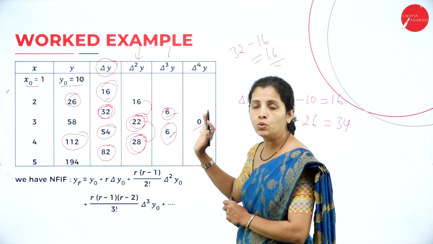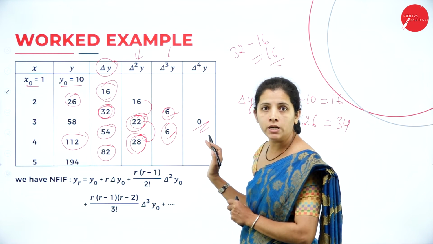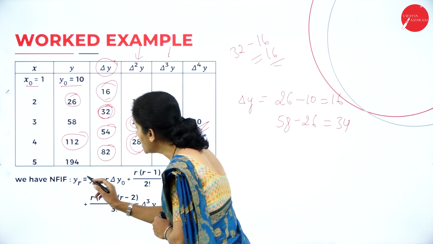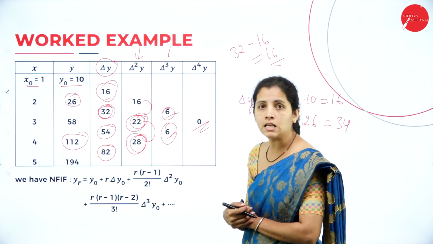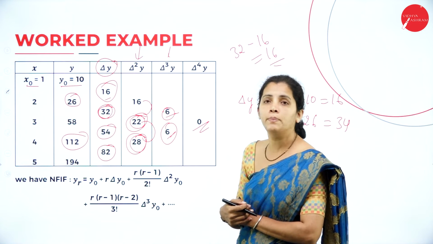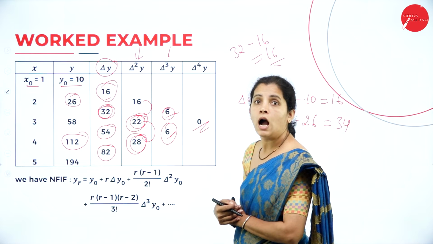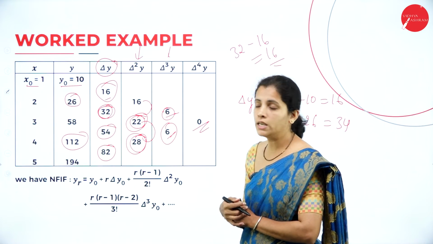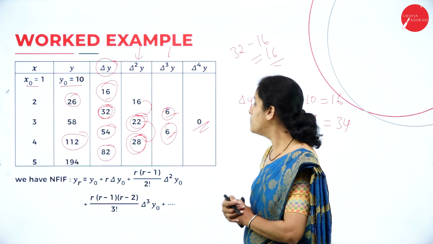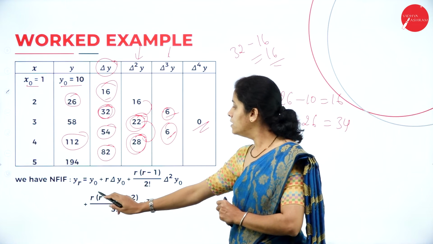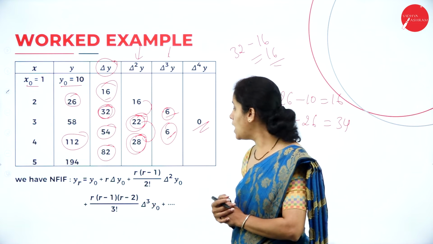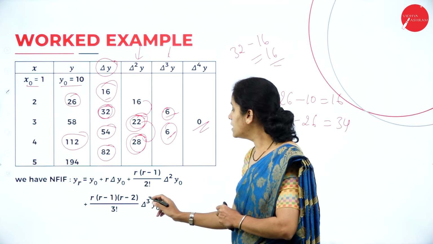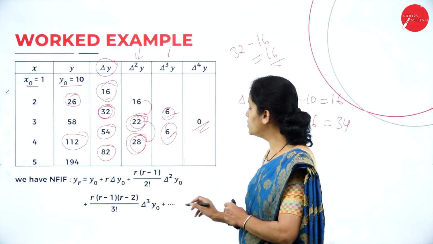Now what I want to do, I want to write Newton forward interpolation formula. So y r equal to y naught plus r delta y naught plus r into r minus 1 divided by 2 factorial delta square y naught plus r into r minus 1 into r minus 2 divided by 3 factorial delta cube y naught, and it's going to continue.